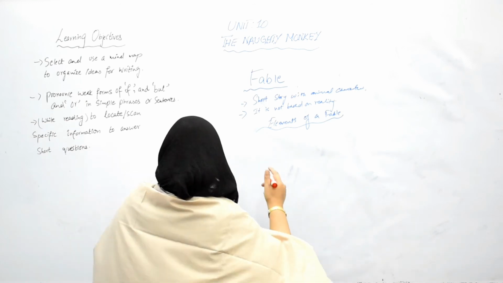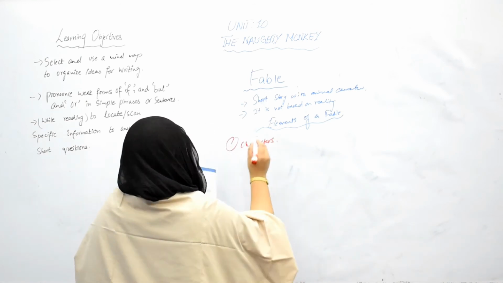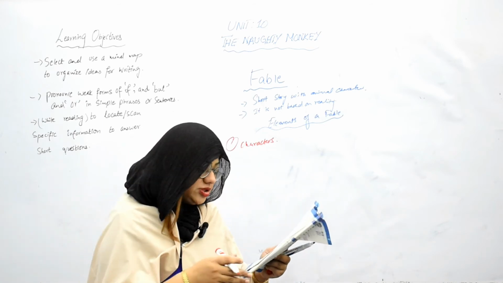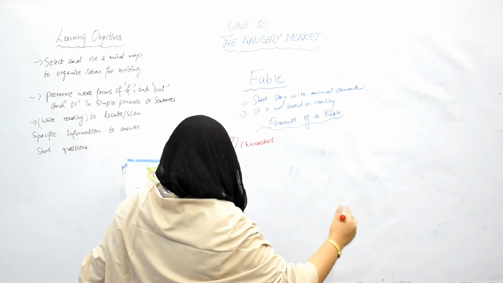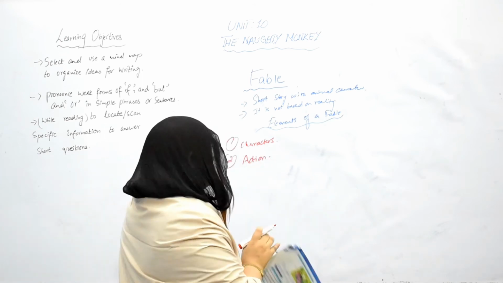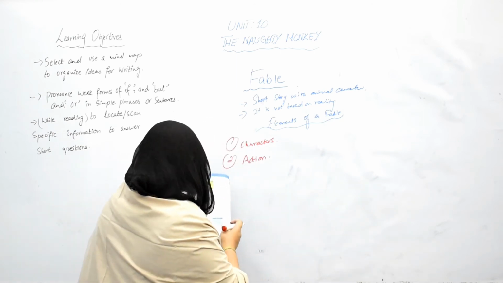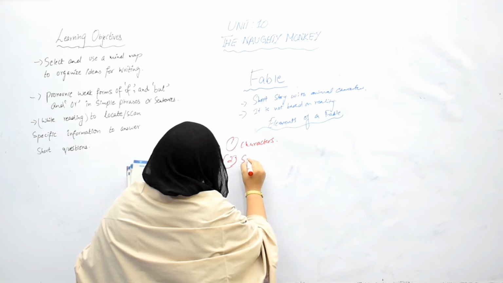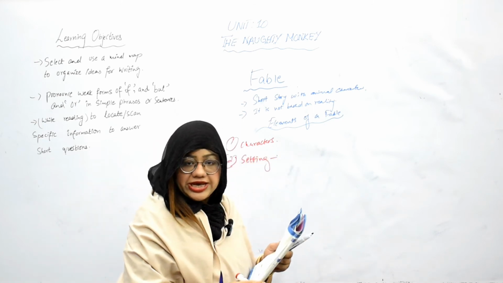What are the elements? Yes, the characters. Number one, the characters around whom the story moves. Number two is the setting, where the action takes place.